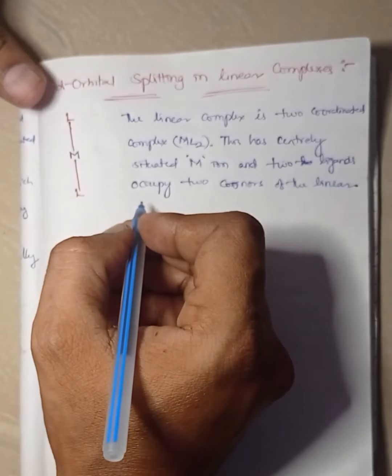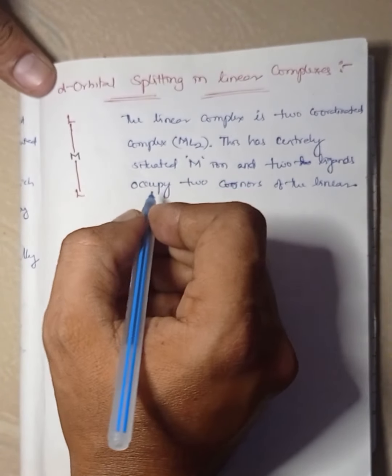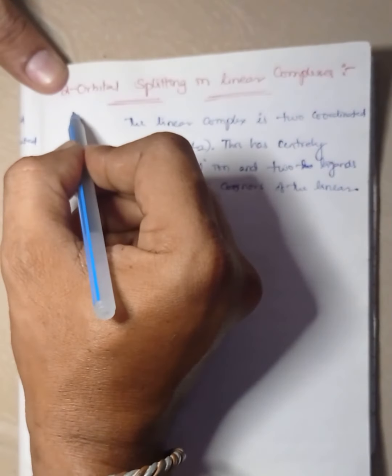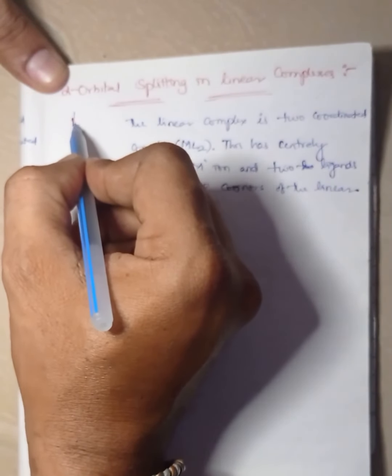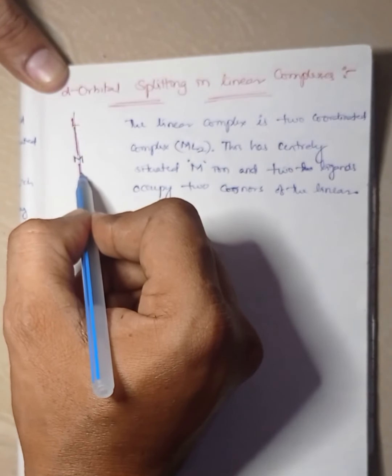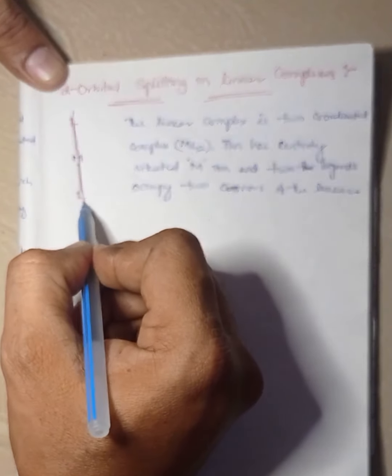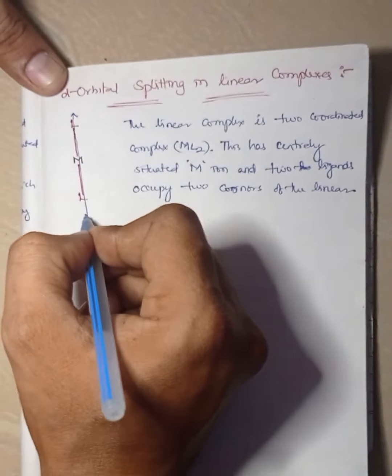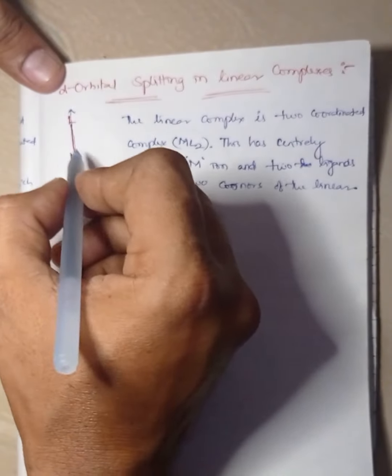Here if we incorporate the coordination axes, the z-axis will pass through all the atoms of the complex, that is, the metal and the two ligands.